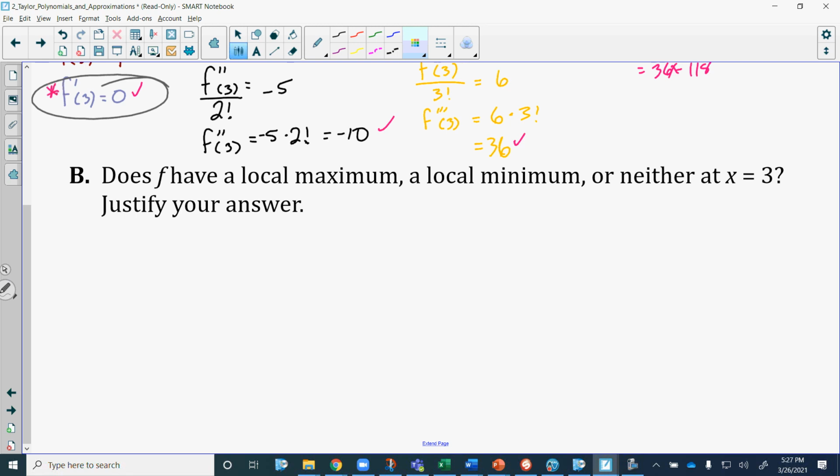Here's my reasoning. At f prime of 3, we get 0. So we know there's a local extrema there.